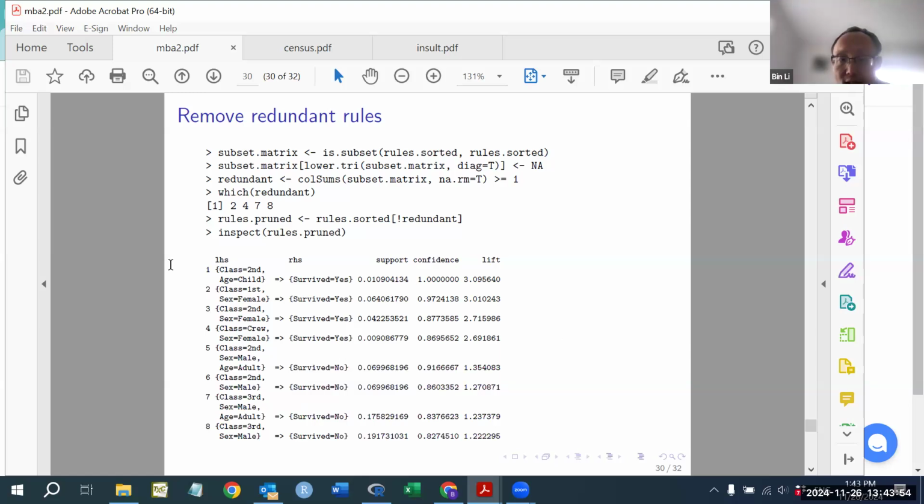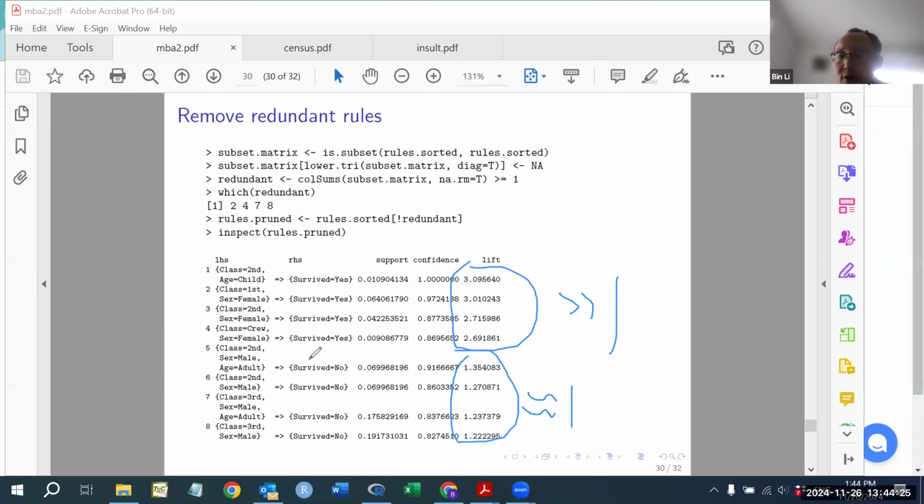By looking at the lift, you can see one interesting thing: the rules for survived yes have a lift value much larger than 1, right? But for the rules where the consequent is survival is no, not survived, the lift is very close to 1.